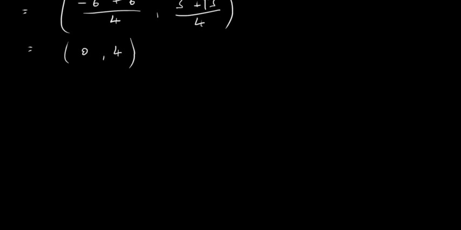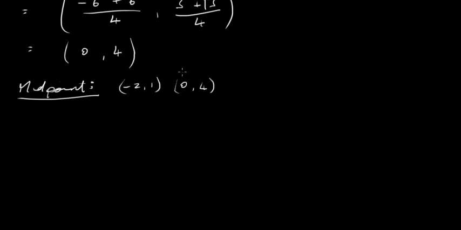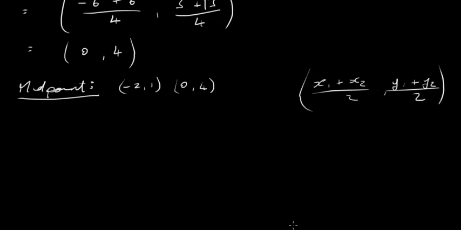So we're going to find the midpoint. Our 2 points are -2, 1 and 0, 4. The midpoint of these 2 points, again the formula is in your tables, is just going to be x1 plus x2 over 2, y1 plus y2 over 2. So that'll give us our midpoint.